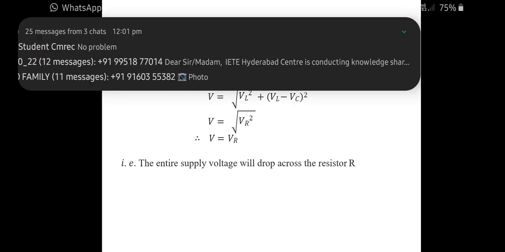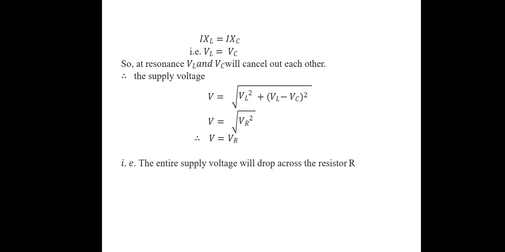The voltage drop across the capacitance and inductance is the same. At resonance, VL and VC cancel each other out. Therefore the supply voltage V is equal to the root of VR squared plus (VL minus VC) squared, so V is equal to the root of VR squared, that is, V equals VR.